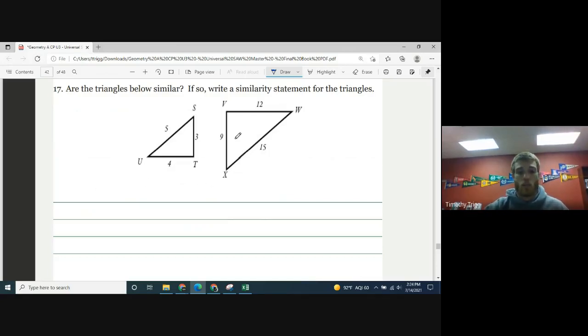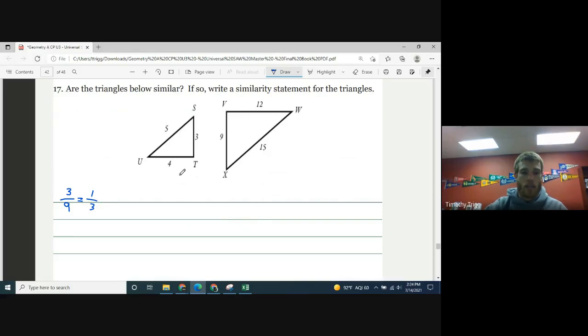The easiest way to set this up is to do the smallest side with the smallest side. The smallest side from this one, 3, is side ST, and that corresponds with the 9 from here because that's the smallest side there. So 3 to 9, which reduces to 1/3.